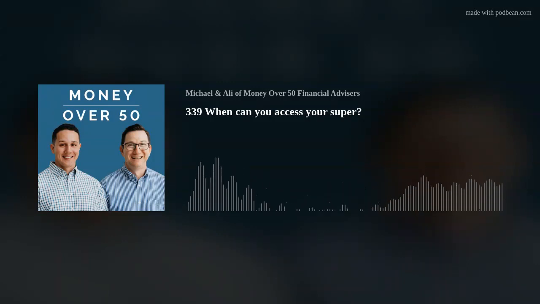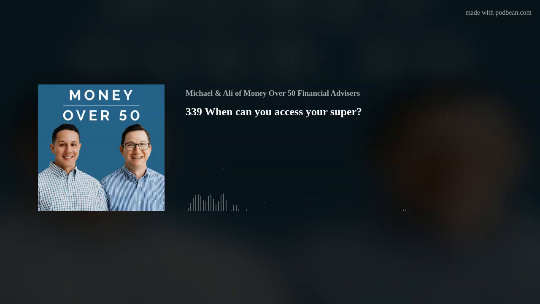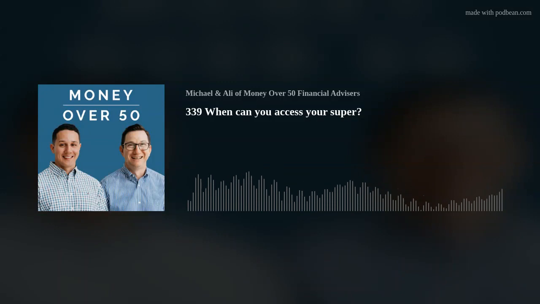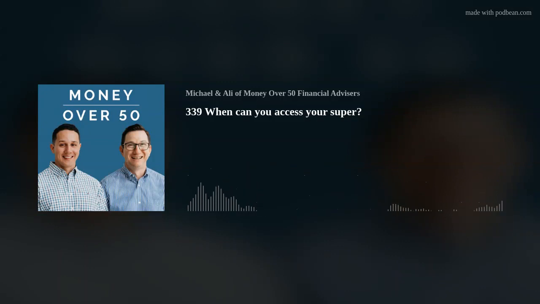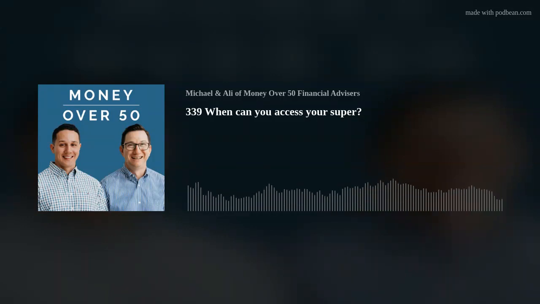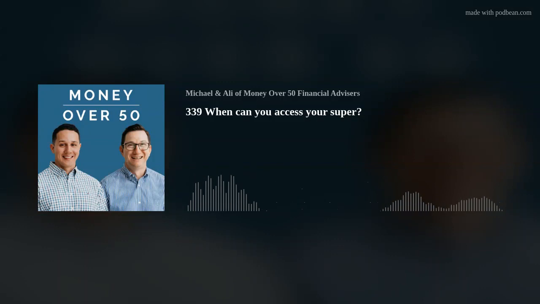Essentially, you could still use that account to pull money out of the transition to retirement pension and recontribute it back into your superannuation accumulation account, and again claim that as a tax deduction and potentially get those tax savings as well, similar to any concessional contribution strategy.